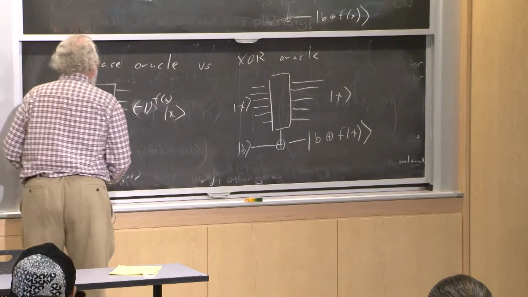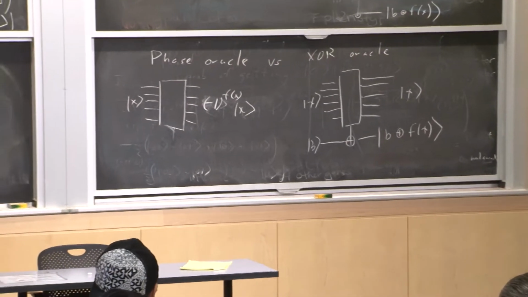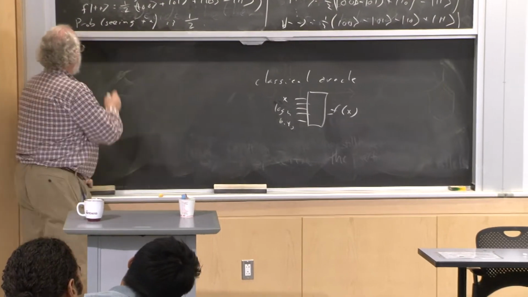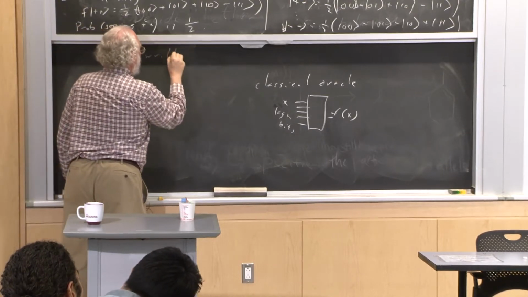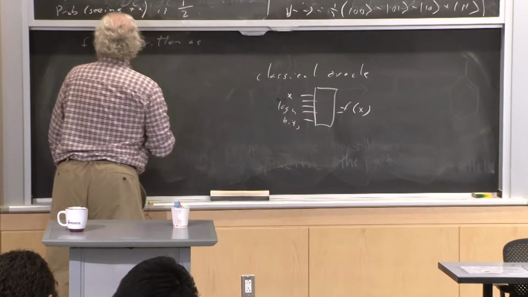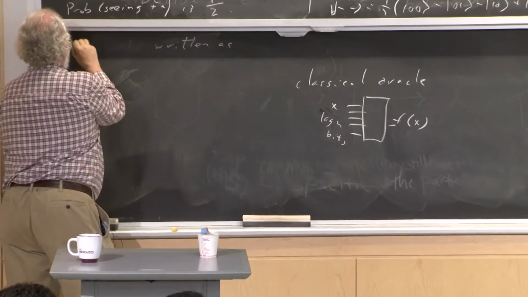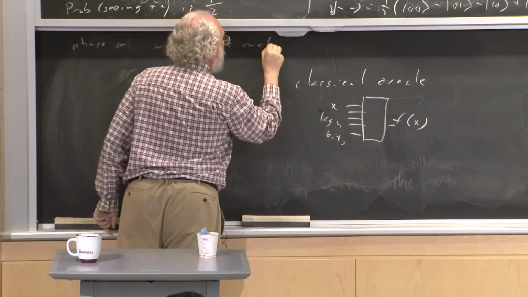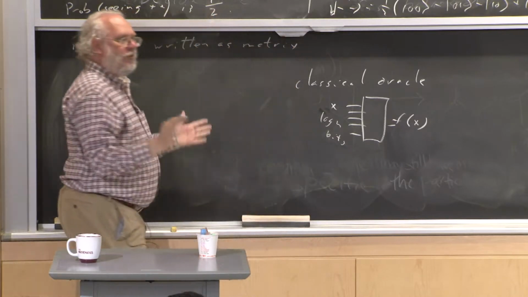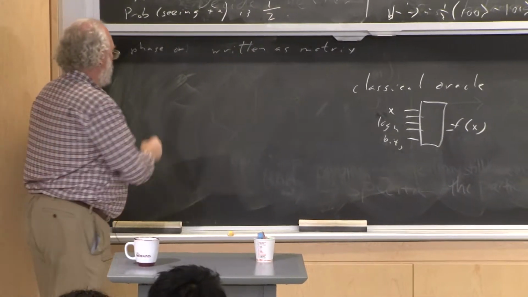So, yeah. So what I should do is, f of x, written as matrix, as our phase oracle written as matrix. So we need to write it as a unitary matrix to say what it does.